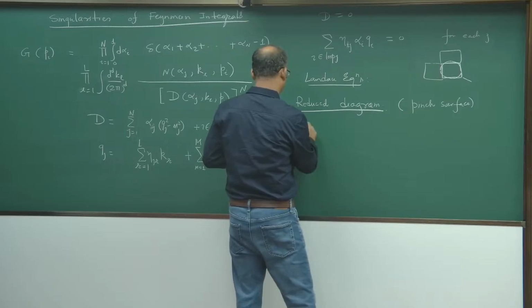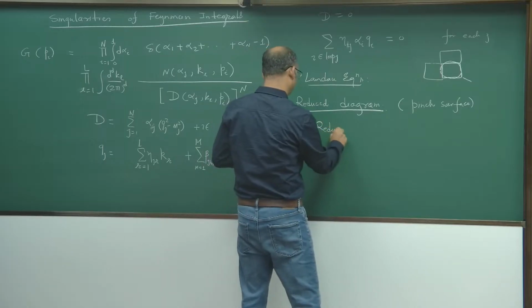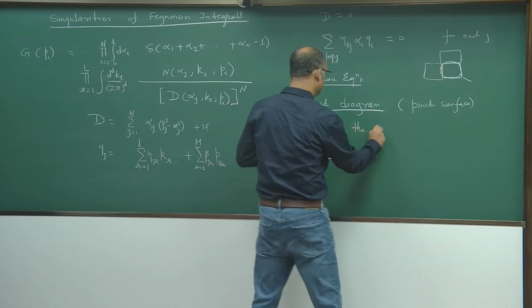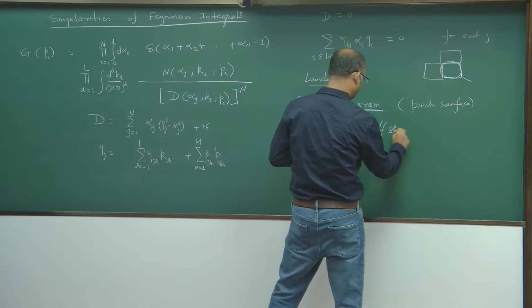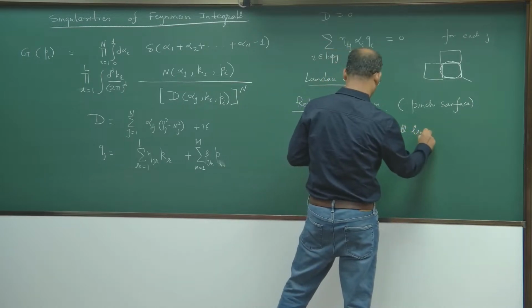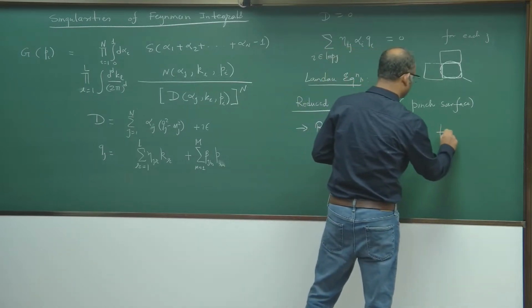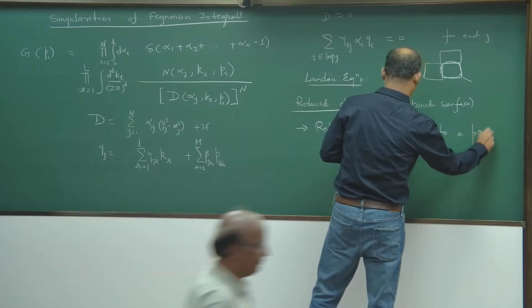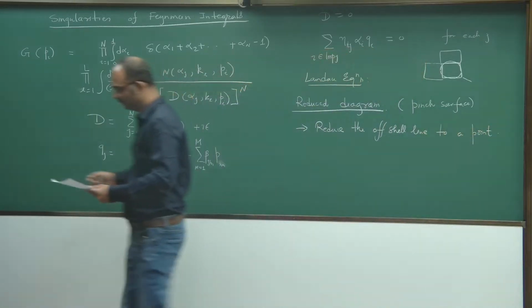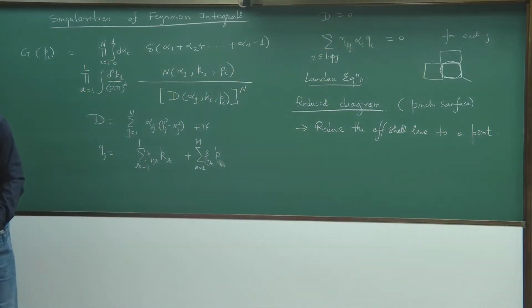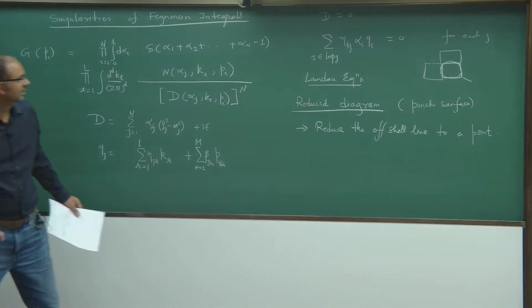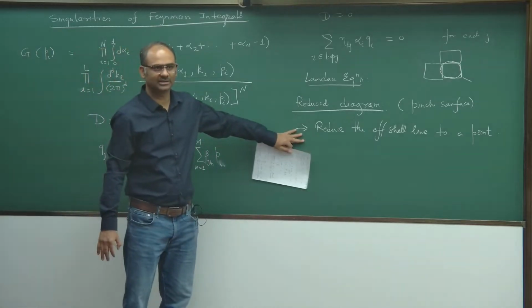Take your Feynman diagram and then reduce the off shell line to a point. That is how you generate reduced diagrams. Okay, which is just basically saying that line does not matter. Is it fine? Nothing special I have said.